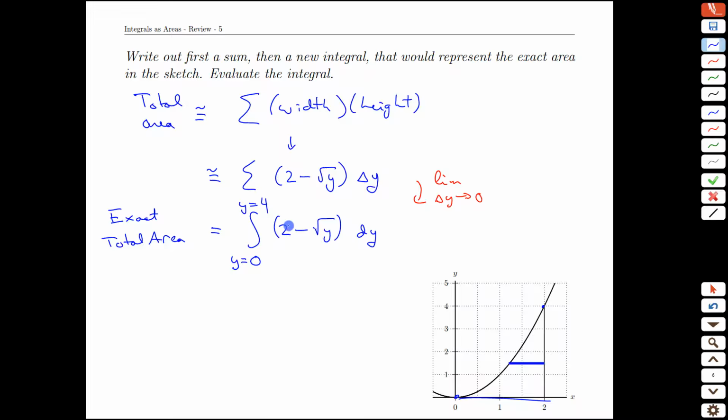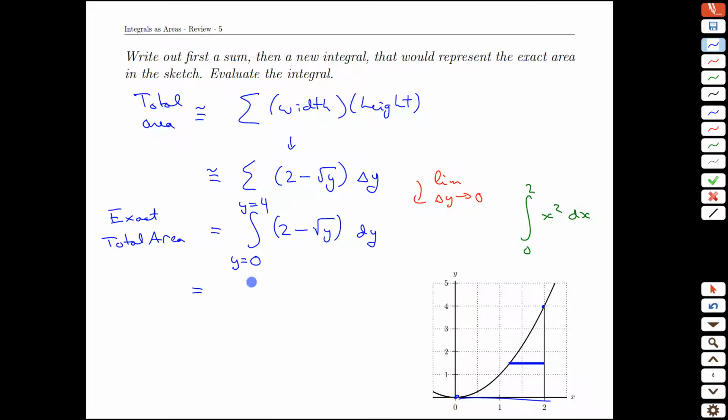Now this looks very different than the integral we had earlier, which was the integral from 0 to 2 of x squared dx. But they represent, through the guise of this picture here, exactly the same region on the plane. What we should find then is that the value of this is also equal to the value of this, and we're going to confirm that in just a moment.